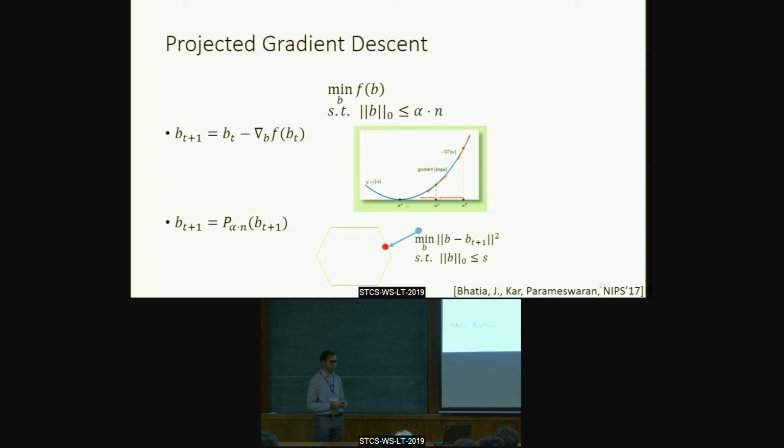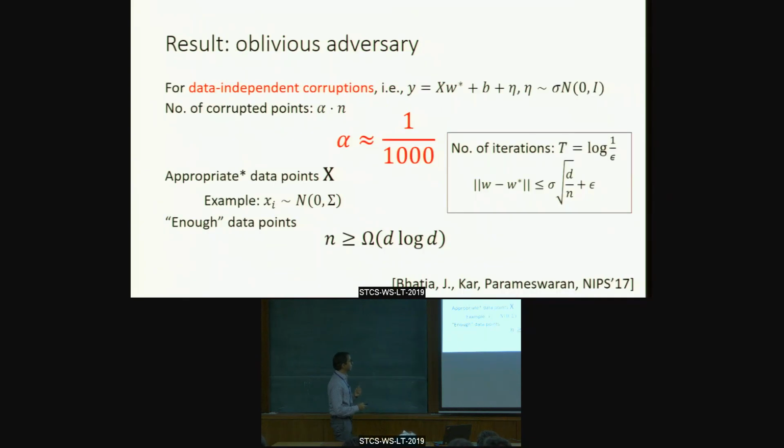Fairly simple algorithm, but again, how many iterations of this algorithm will we need to take? It turns out that under similar assumptions, we will need just log 1 over epsilon iterations. So after log 1 over epsilon iterations, we will be able to recover this optimal parameter W star up to this information theoretically optimal rate.